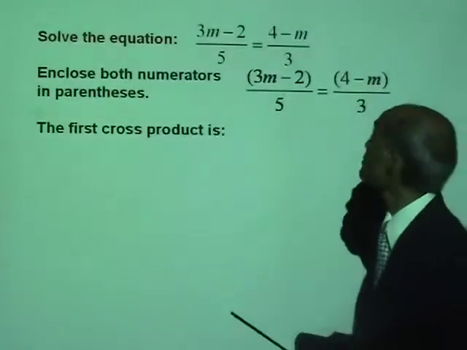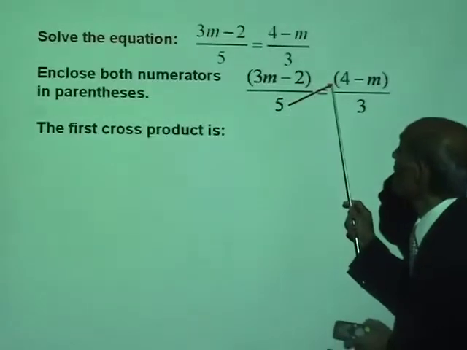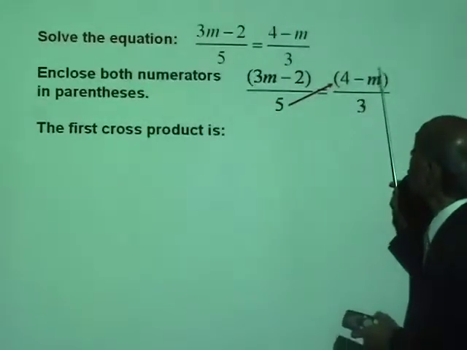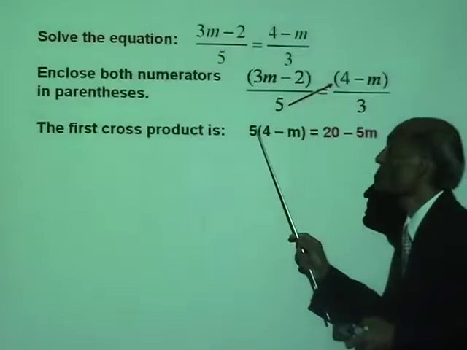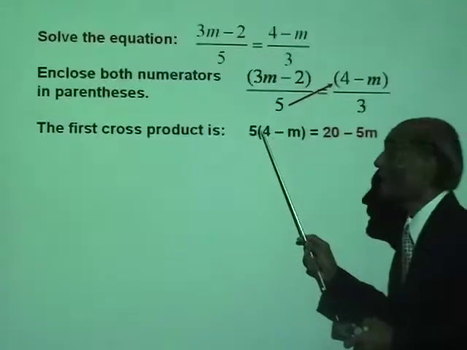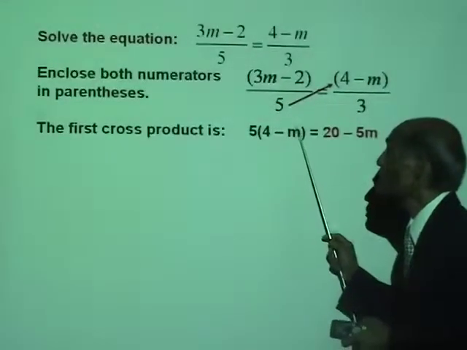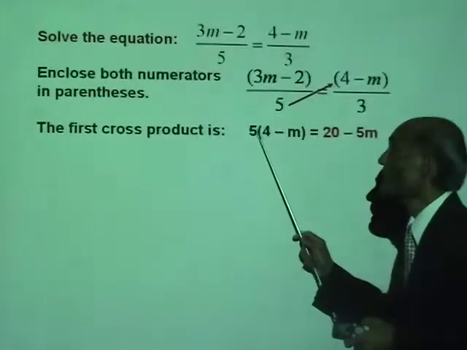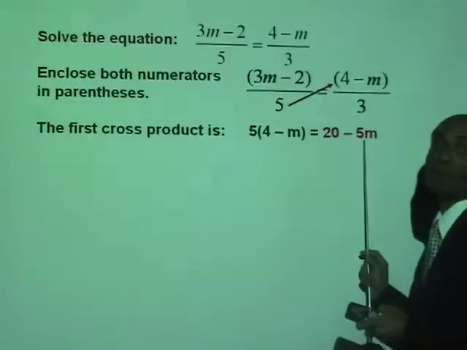Okay, what is the first cross product? The first cross product is 5 times the quantity 4 minus m, and distribute that. 5 times 4 is 20, and 5 times negative m, I always tell you what's the sign. 5 times negative m is minus 5m.